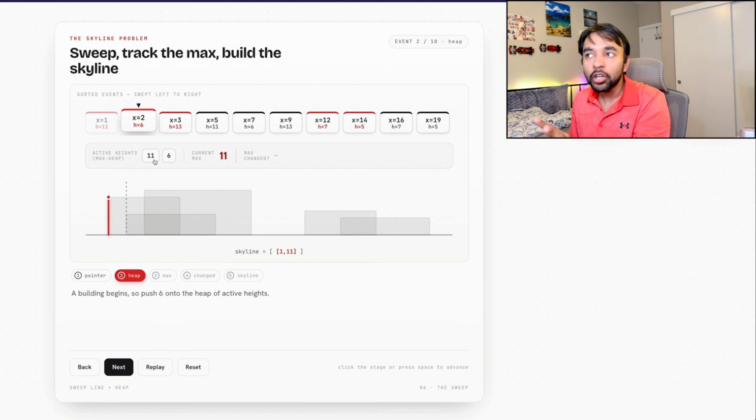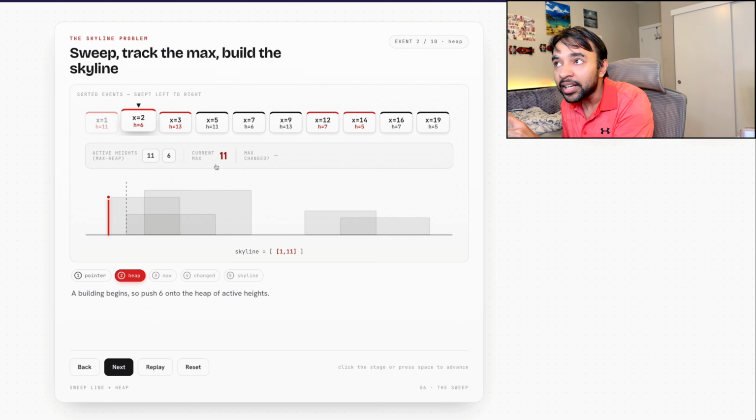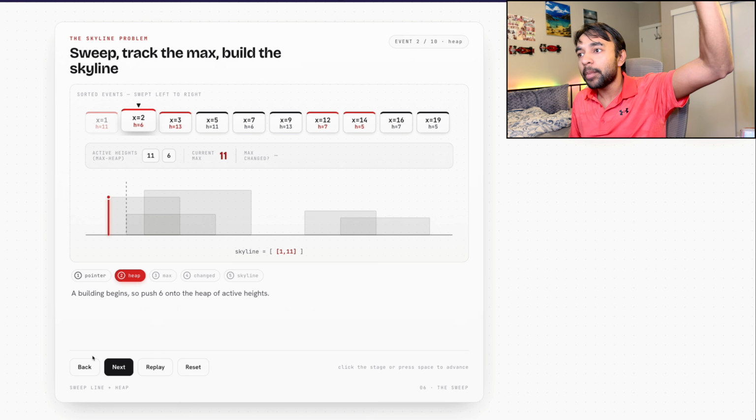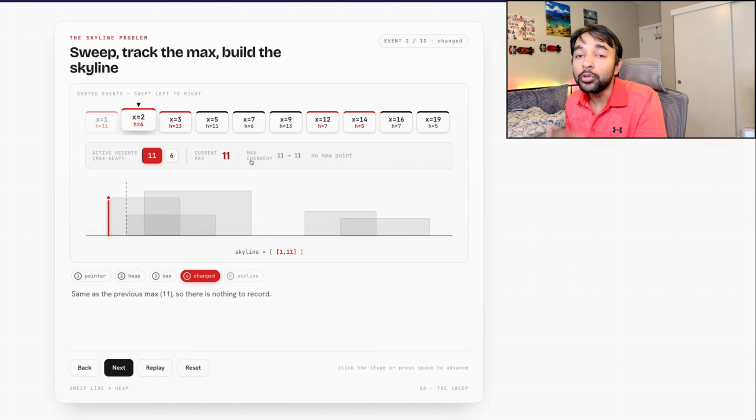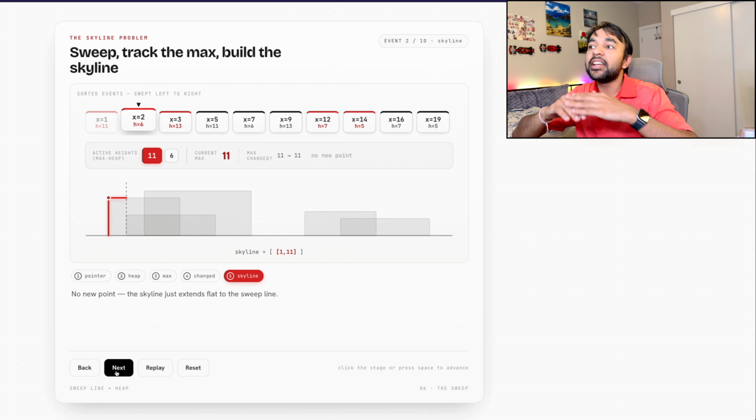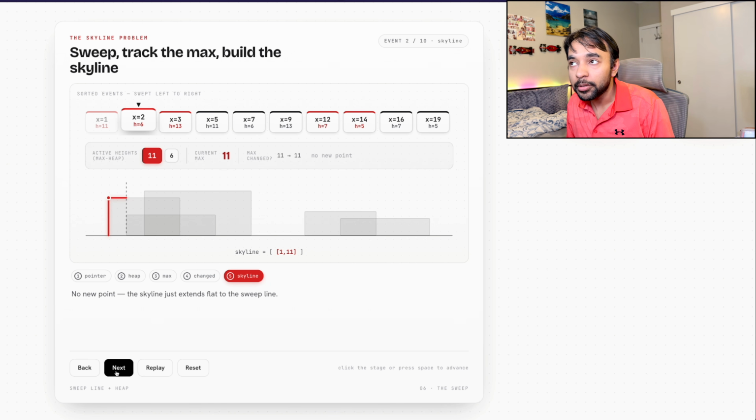So I have both of these elements in my heap, but I want my maximum height. So I will try to look in my heap. Max heap immediately gives me 11. So max is still 11. This time you do not change the max variable, so you don't have to record anything. The skyline does not change, and then you can just proceed.